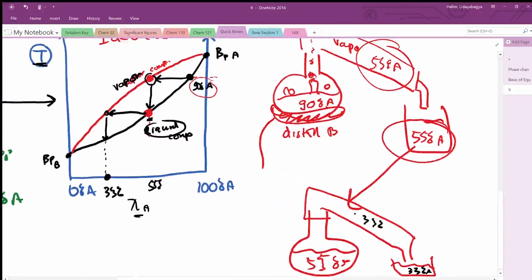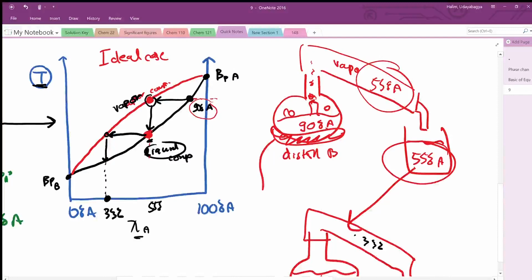So essentially what the distillation or the boiling point diagram looks like is that if I have a 90% solution of A, I would have to do the first step of distillation, then 2 steps of distillation to get to 33%. If I want to go all the way to, say, what is this, 5%, I would have to do the 3rd step.